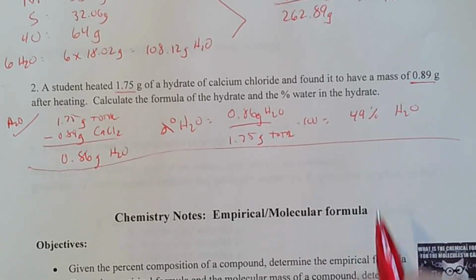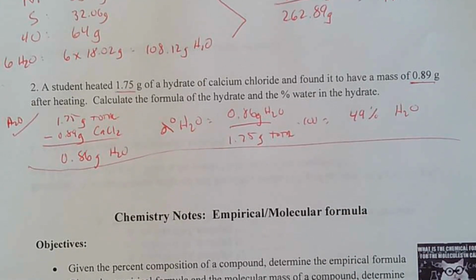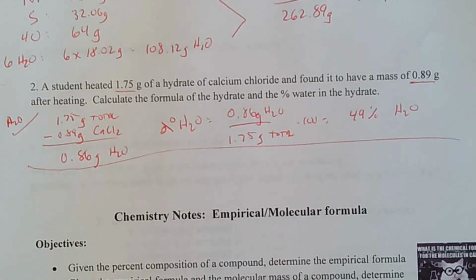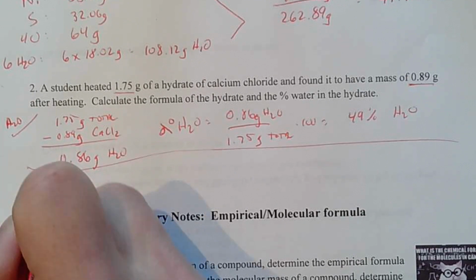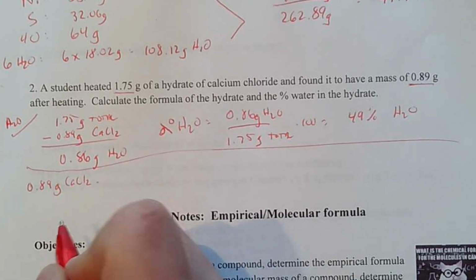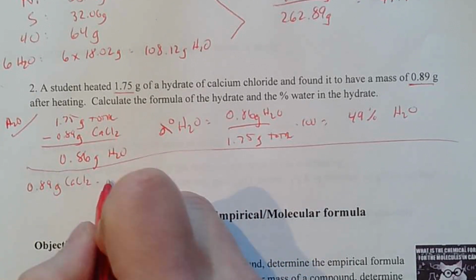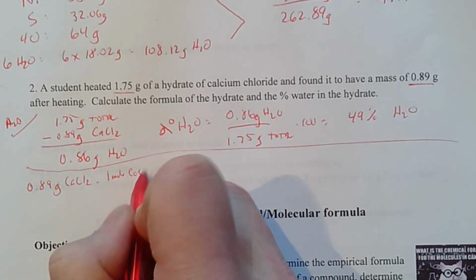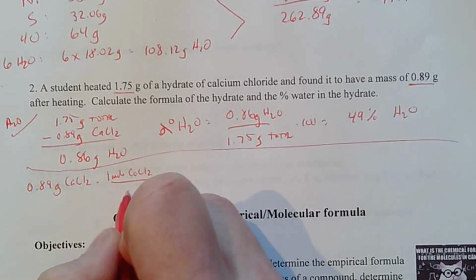the way we approach this is that we need to convert both of these masses into moles for each one. So, for example, 0.89 grams of calcium chloride. We want to figure out how many moles that represents. We need a mole conversion. So we need a molar mass.